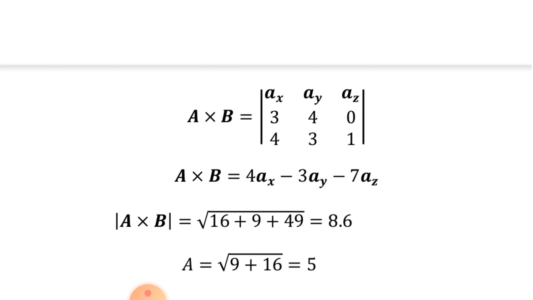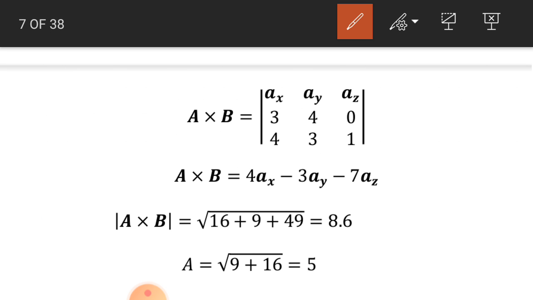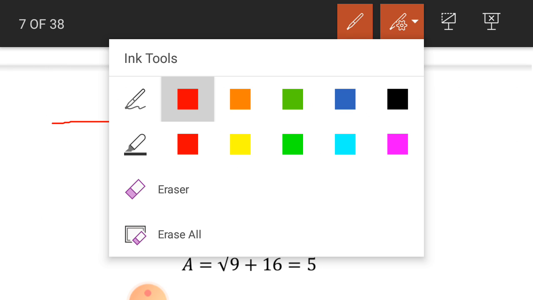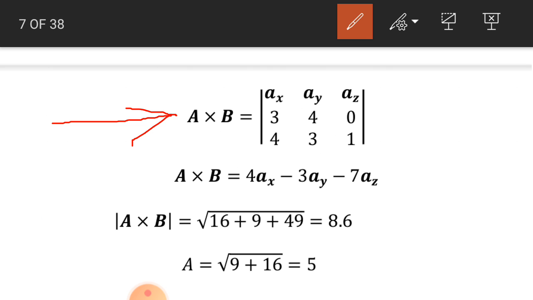We calculate the cross product between these two vectors with the help of this determinant. We calculate A cross B with the help of this determinant. So in the first row, we have the unit vectors ax, ay, and az.